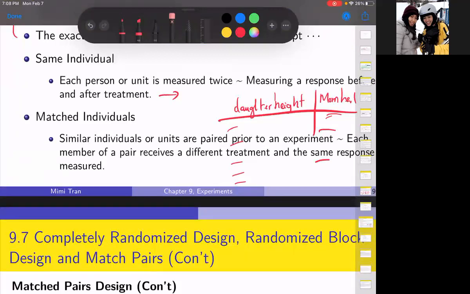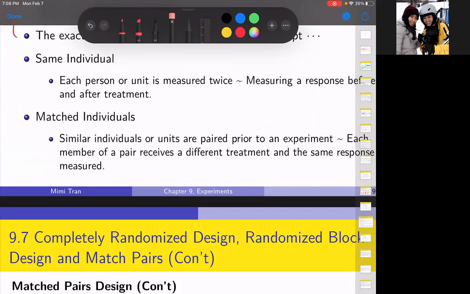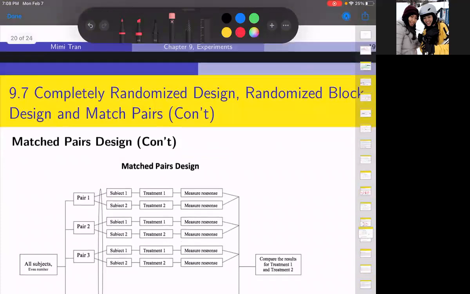Usually, what do you see between you and your mom's height? Similar, right? You should be similar, unless your dad is really tall, then maybe you take after daddy. Or entirely somebody else. I'm not even going to do that. All right. So that's matched pair design.